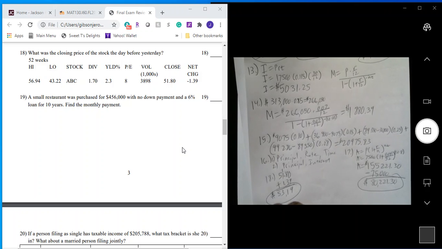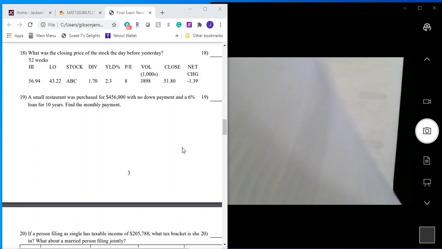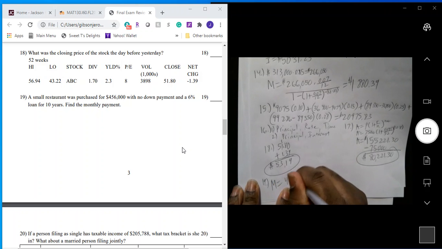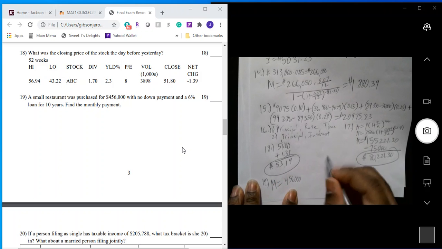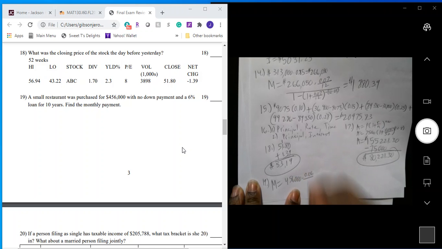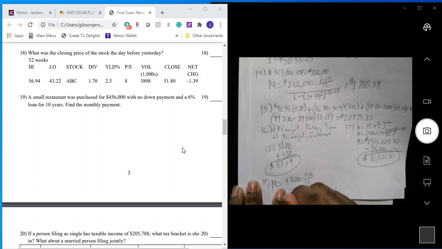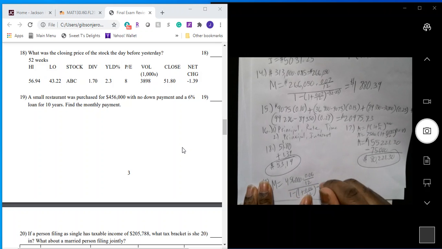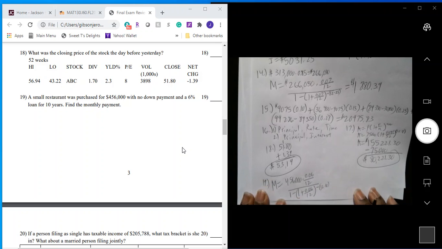So with 19, the monthly payment is equal to, the principal is $456,000. And then the rate is 6%, 0.06. And the time is over 12. And then we have 1 minus 1 plus 0.06 over 12 to the negative. Now remember, it'll be 12 times 10, because that's how many years you have.